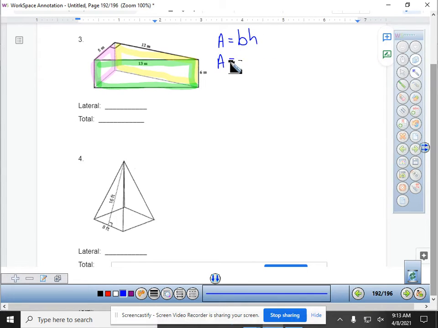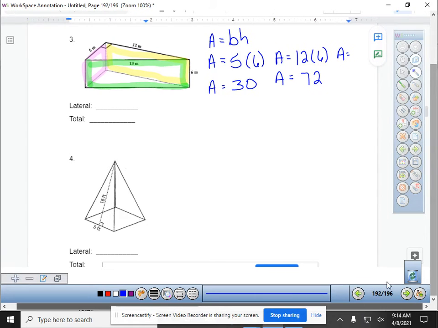Let's do the pink one first. What are the dimensions? 5 and 6. Does everybody see how it's 5 and 6? Yes. So the area of that one is 30. Now let's do the yellow. What are the dimensions? 12 and 6. What is that? 72. And then we're going to do the green one.